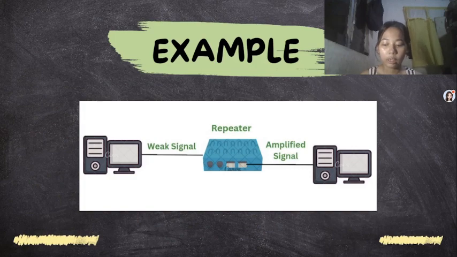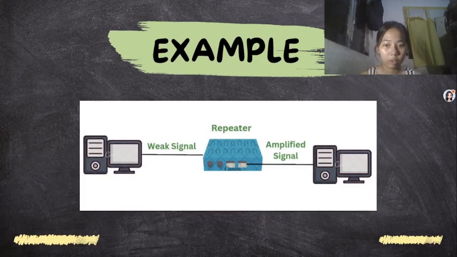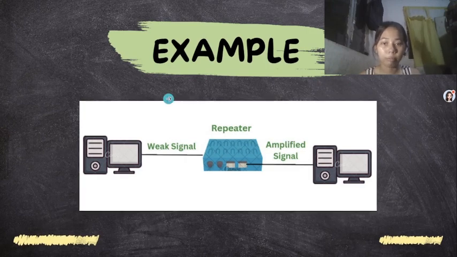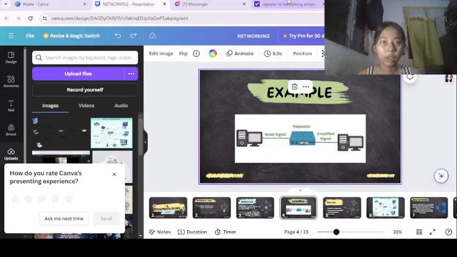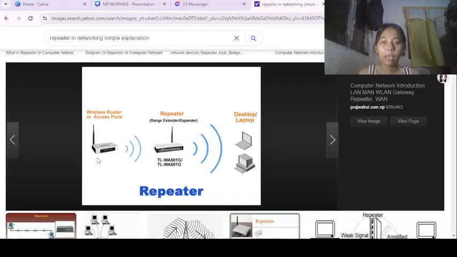So another example is this one. For example, the connection from the internet is using a wireless router, and the laptop or desktop has a slow internet connection. So we add a repeater to extend the range of the internet.